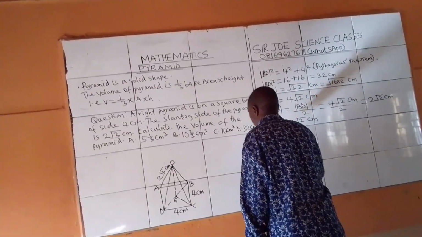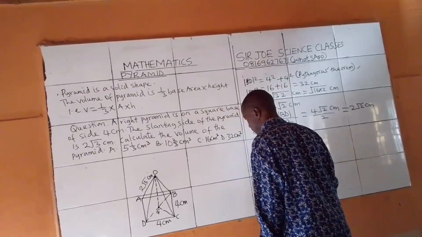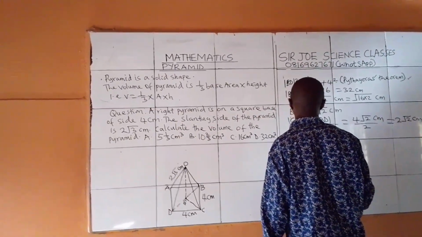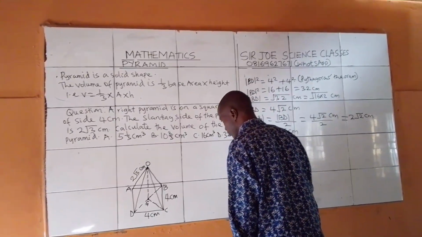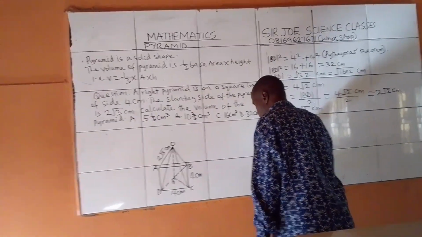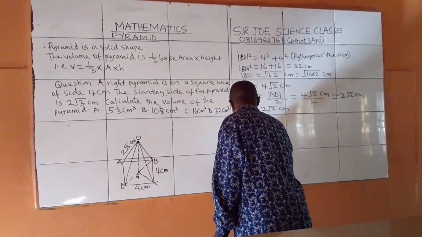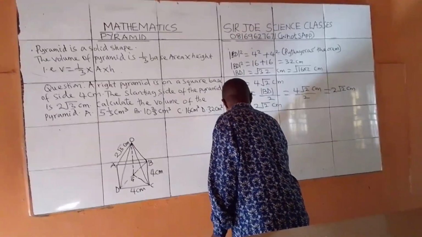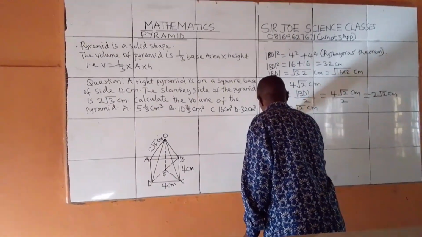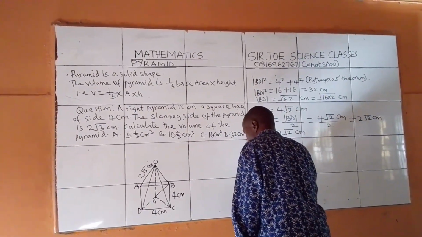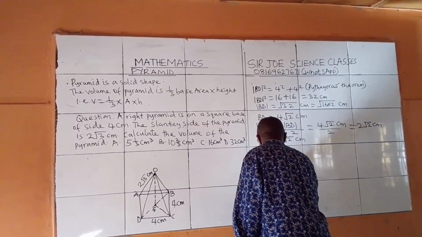We have O, we have D, this is G, this is C, so this is H, and we have 2 root 2.